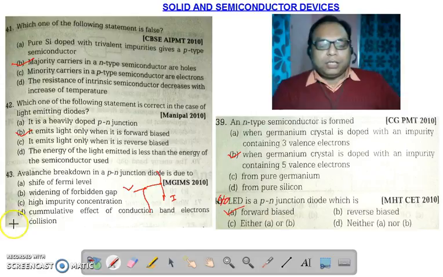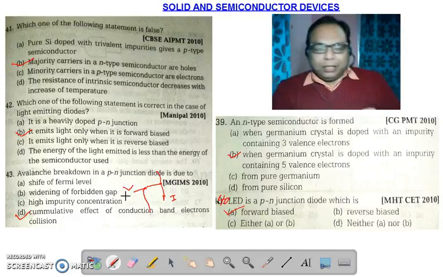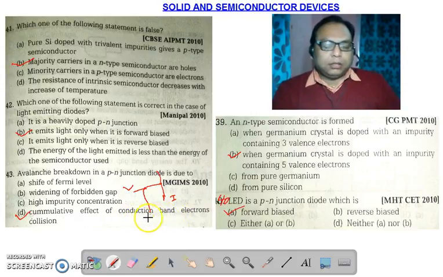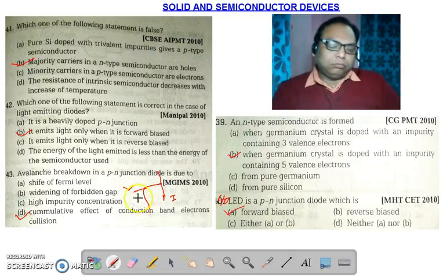We can say option D is the correct option because at the junction, pairs of electrons get liberated and collisions occur. The electron collisions occur and rapidly increase the avalanche condition. So option D would be the correct option for this.